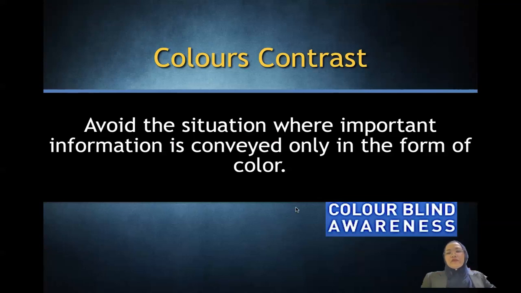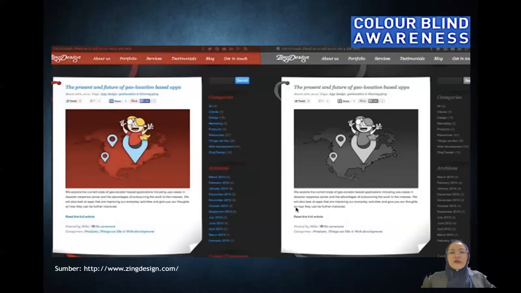It's important for you as a designer to be aware of people who are colorblind. Try not to use certain levels of red. For example, here one of these websites is very considerate. They are concerned about people who are colorblind.